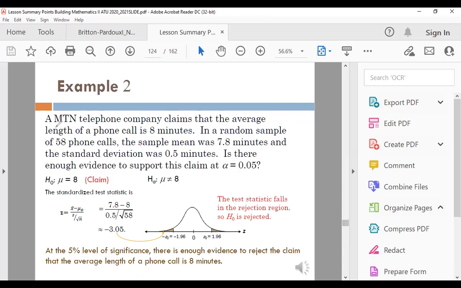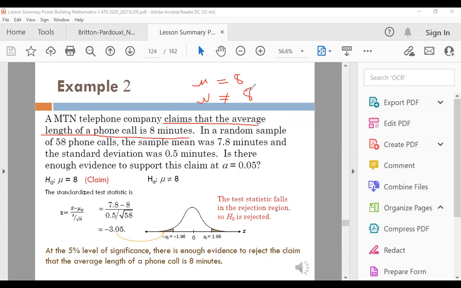It says MTN company claims that the average length of all the phone calls they do on their network is 8 minutes. So the average is equal to 8 minutes. And then the opposite statement will be average is not equal to 8 minutes.